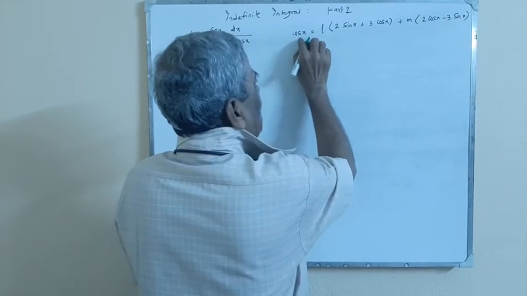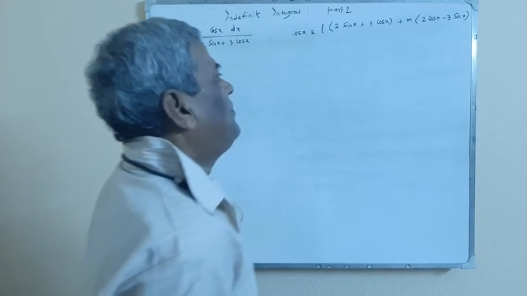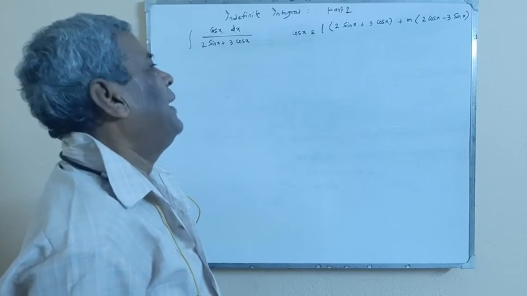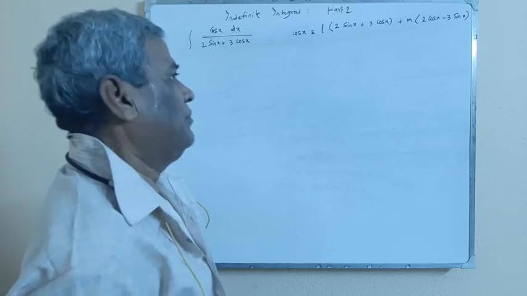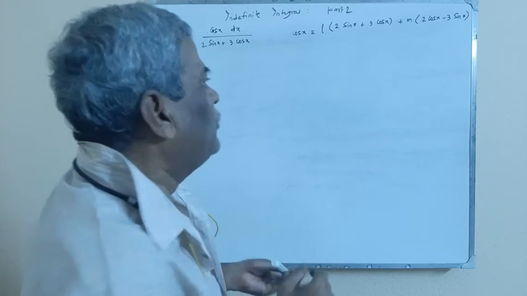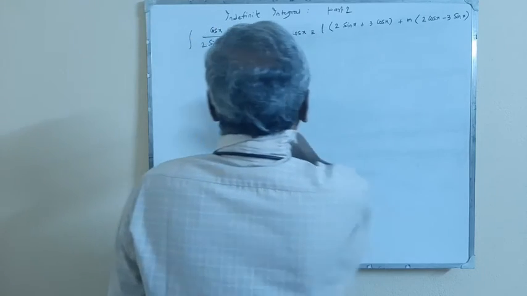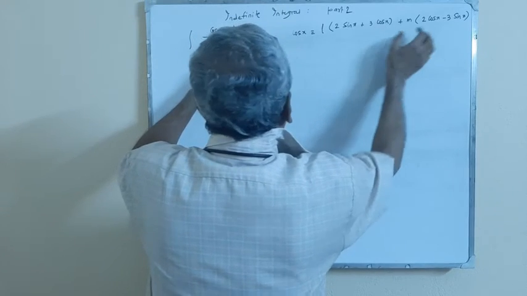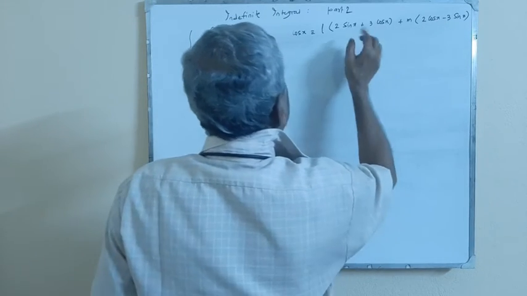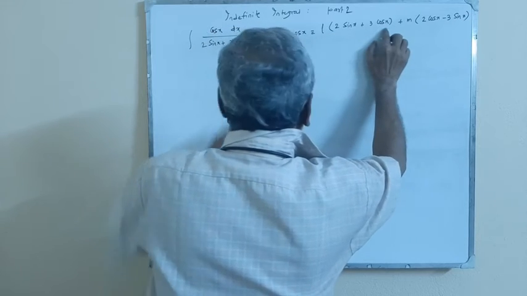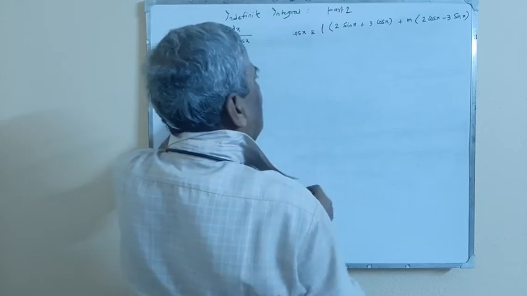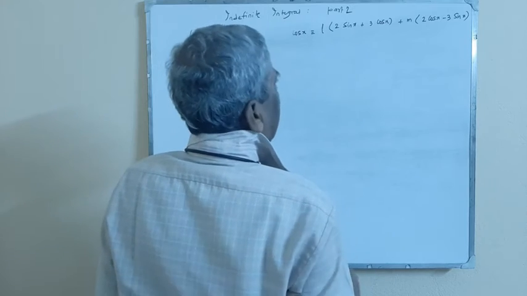Now let us take cos x as equivalent to that. From there we can very easily obtain the values of L and M. Knowing the values of L and M, the integration is equal to this divided by that plus this divided by that. In the first case, L is a constant, it can be taken outside, and this and that cancel, so simply dx.